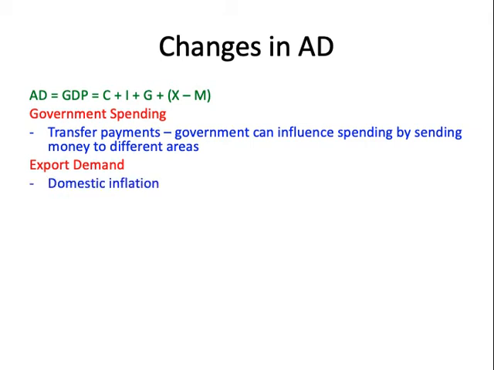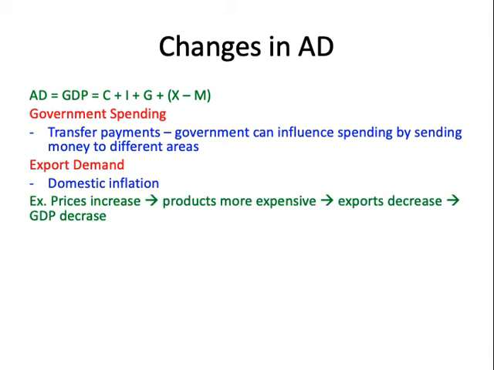Export demand. Export demand is tied to domestic inflation. Okay, so exports are us selling product to other international places, and so we would sell our product elsewhere, and that foreign money theoretically is used to buy our dollars, which is used to buy our product.